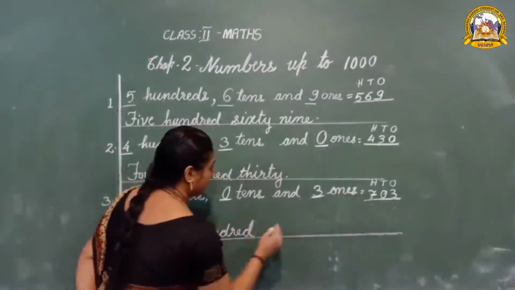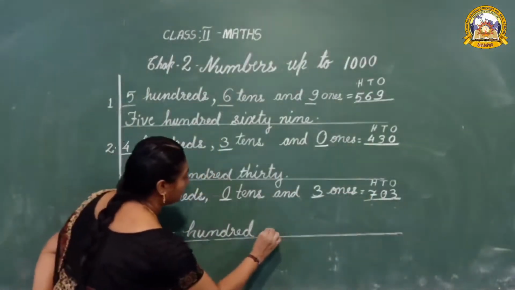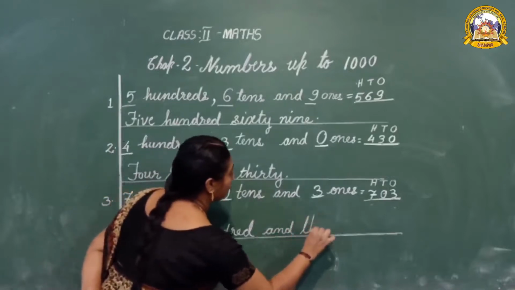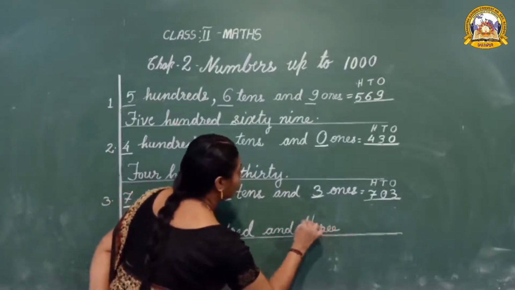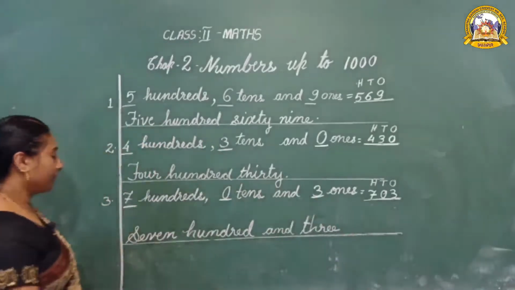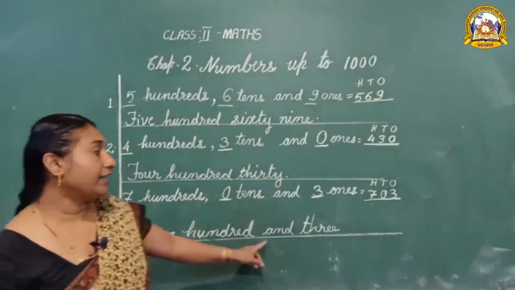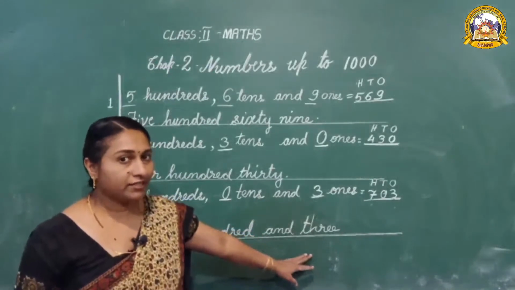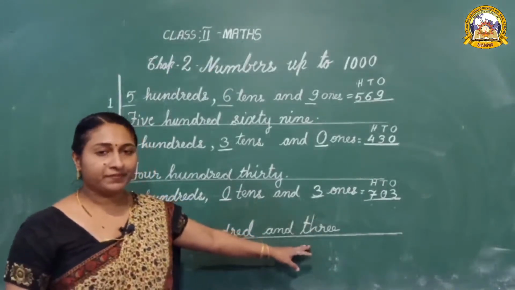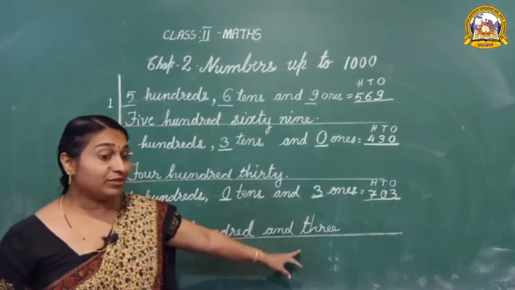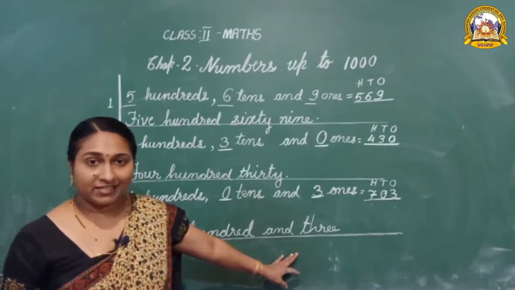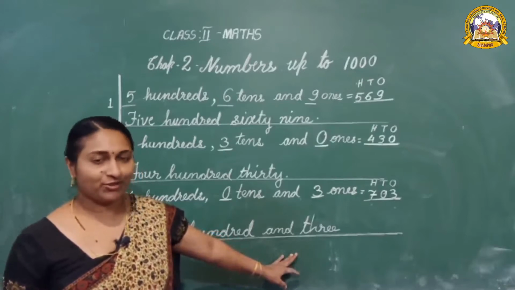Then 3 ones and three. Read 703. Did you get it? Okay. You have to do the remainder works in the exercise. Okay? You should do that.